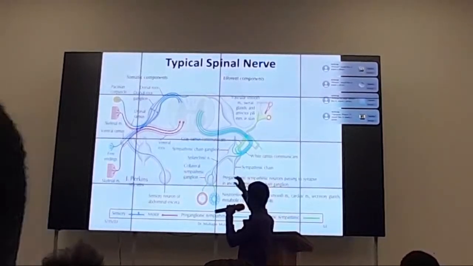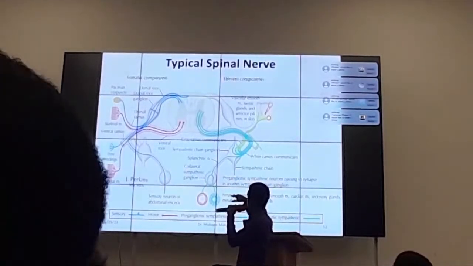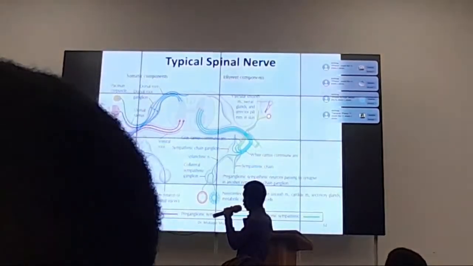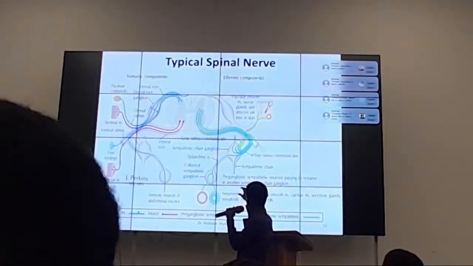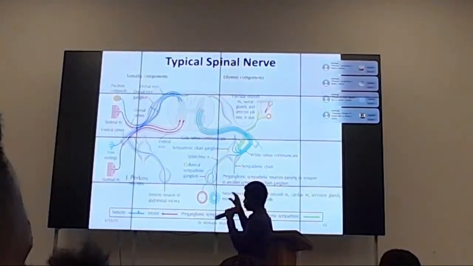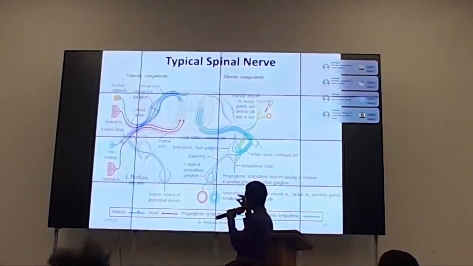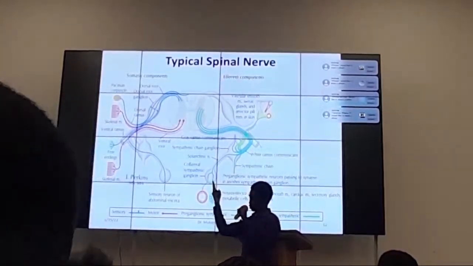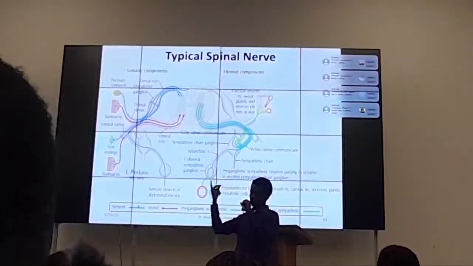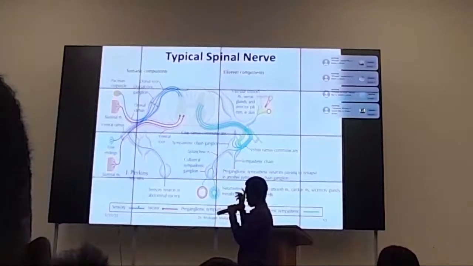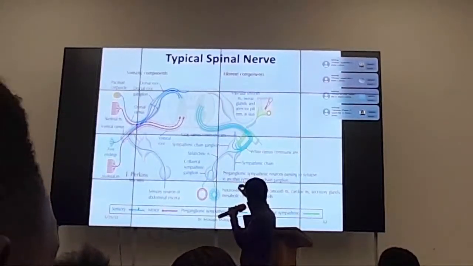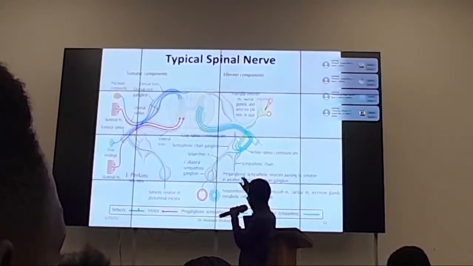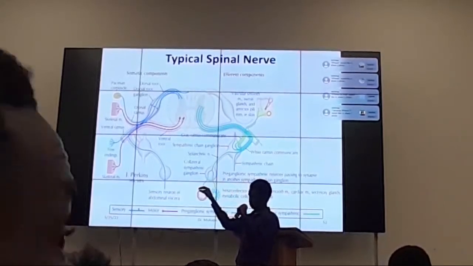I've highlighted the roots. So in this discussion, you must focus on the roots, where they are coming from. And the spinal nerve, I also highlighted. So for the roots, we have two roots, ventral and posterior. The ventral root carries preganglionic fibers from the anterior horn as well as the lateral horn.